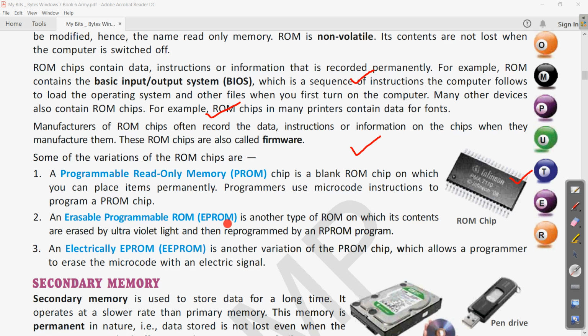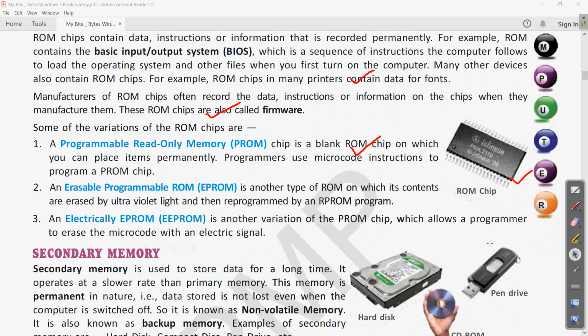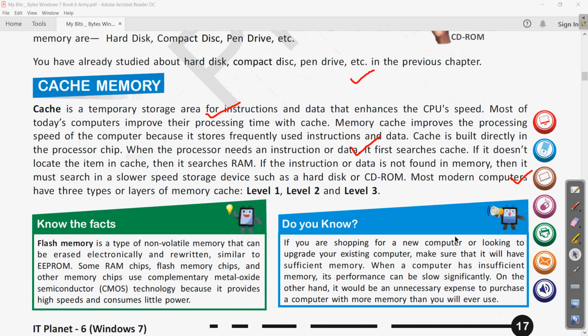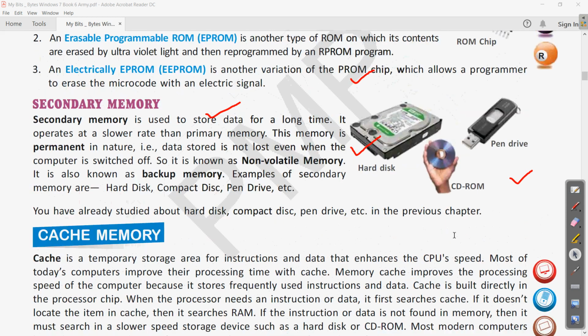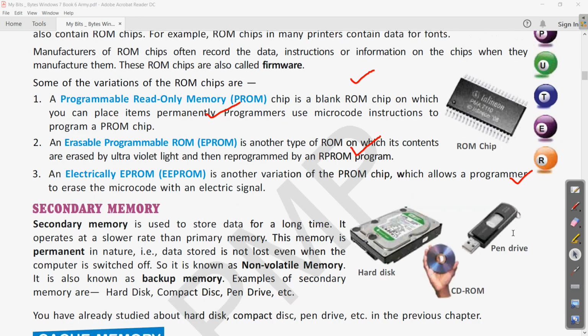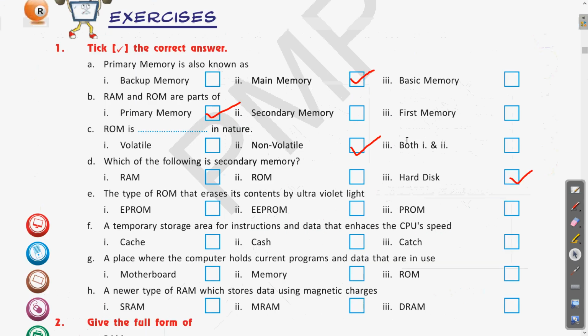It is the EPROM. Clear? In the EPROM you can erase the content using the ultraviolet light. This you can see on page number 17. Clear?